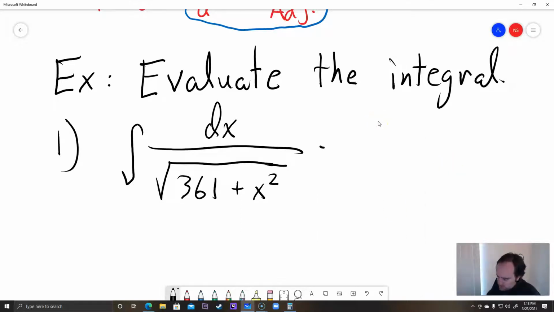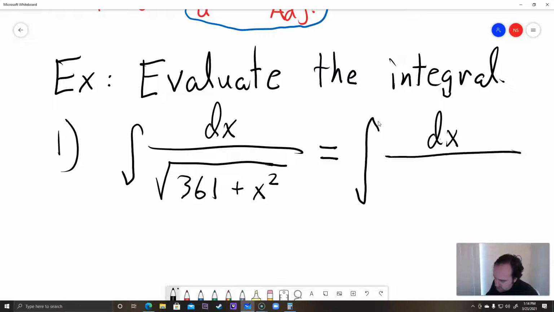So my first step is to just write it in the format where I can use a trigonometric substitution. Now we have the integral of dx over the square root of, well, we said 361 was 19 squared, plus x squared.